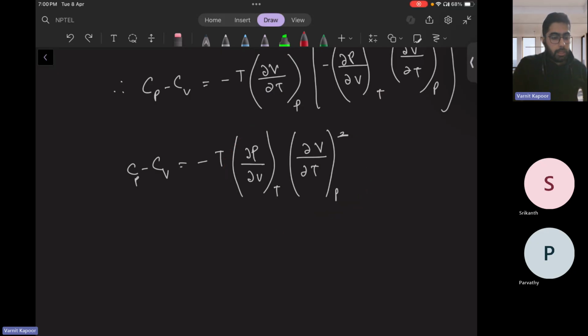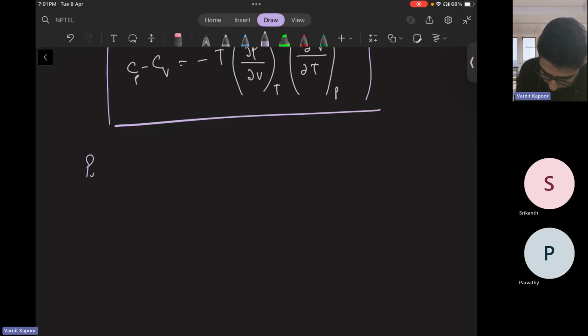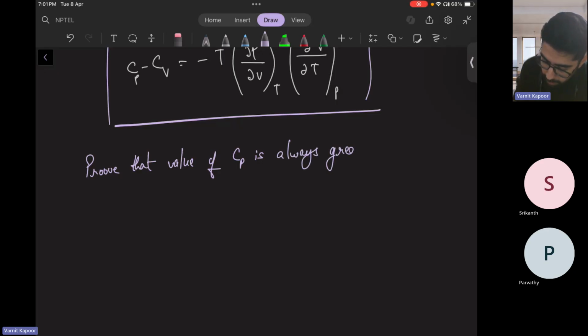Okay. Also, I put a short question here, to prove that Cp is always greater than Cv. Let me take it from this relation. Prove that the value of Cp is always greater than Cv.